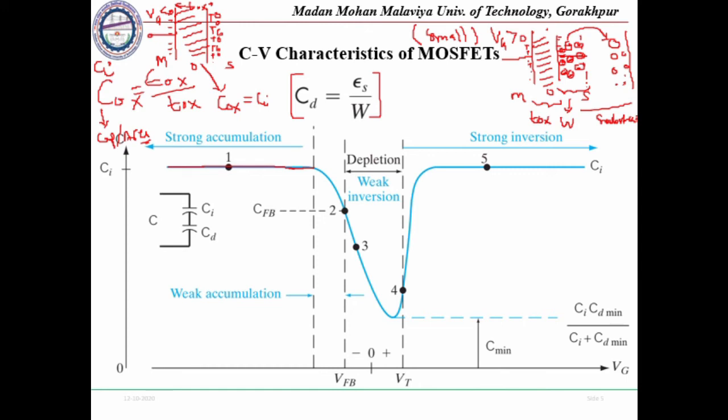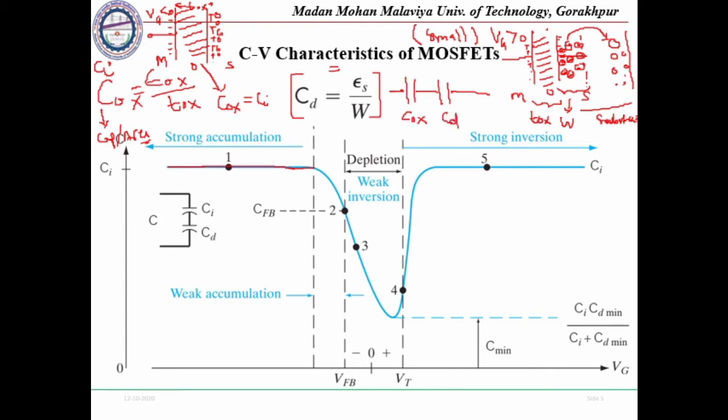So it will behave like two capacitors. One capacitor is generated between the gate and this semiconductor region, another is because of the depletion region. There will be a depletion charge, and that depletion charge constitutes the depletion capacitance, given by this formula. So we can say two capacitances are connected back to back: this is the oxide capacitance and this is your depletion capacitance.